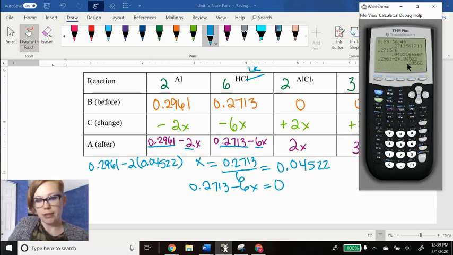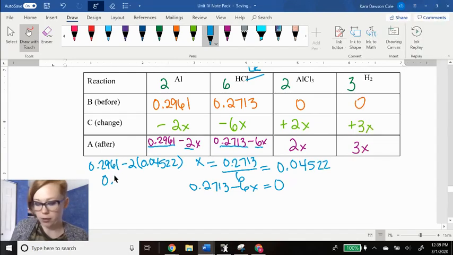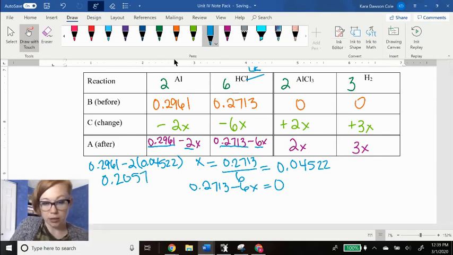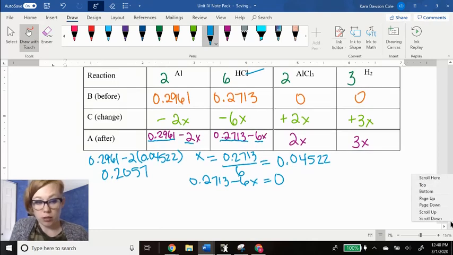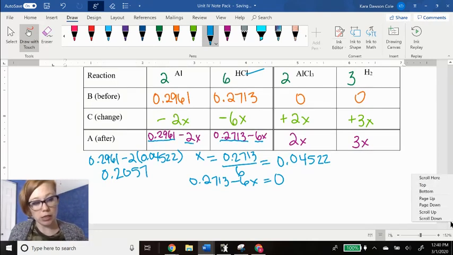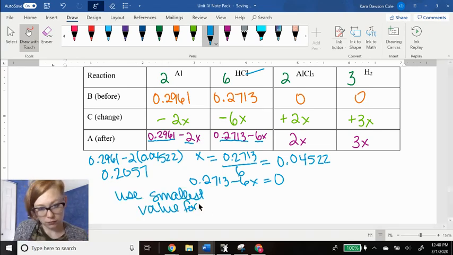And my answer is positive, 0.2057, so I definitely picked it correctly. If that came out to be a negative number, then I would have to solve for x for the other reactant, and that's my x value. If you want to solve for x for both of the reactants and figure out which one is smaller, you can absolutely do that, right? So you're using the smallest x value, right?